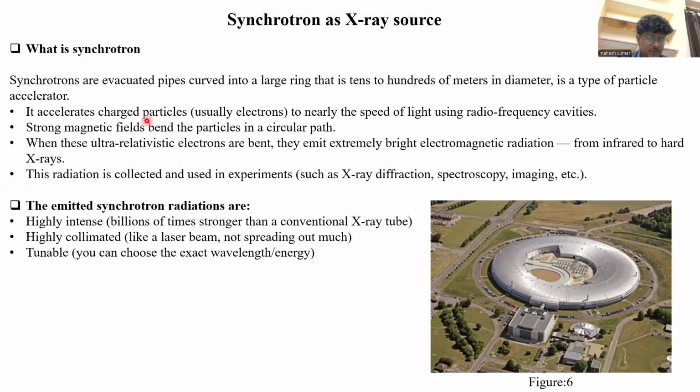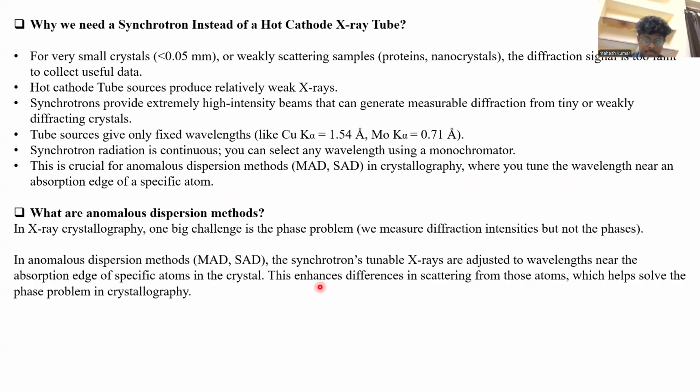Basically, we use a synchrotron to produce a high energy beam of X-rays. The emitted synchrotron radiation is highly intense, highly collimated and tunable. You can choose the exact wavelength, the energy. Why do we need a synchrotron instead of a hot cathode X-ray tube?